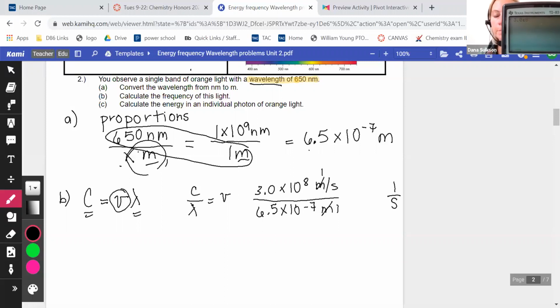So for this top portion, 3.0 times 10 to the 8th, it should look something like this on your calculator. Then I'm going to divide, and I'm going to put 6.5, second function, comma, so it looks like this so far.